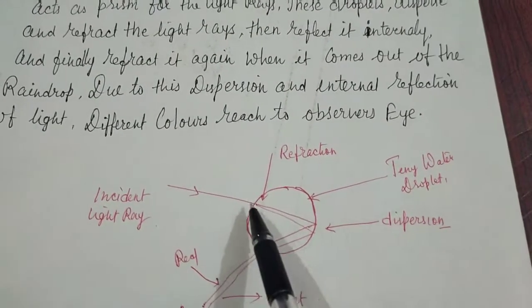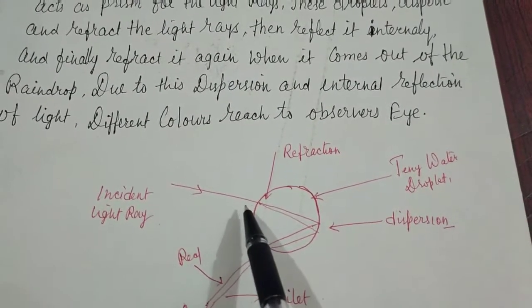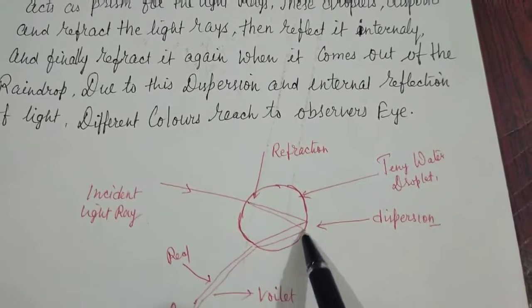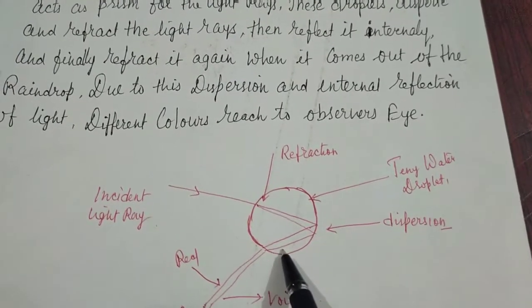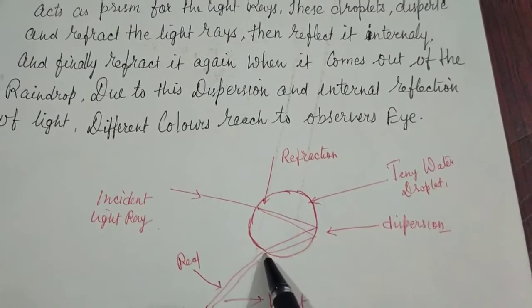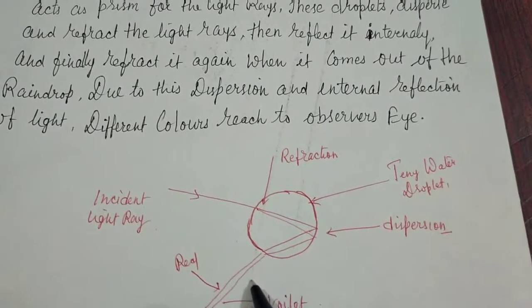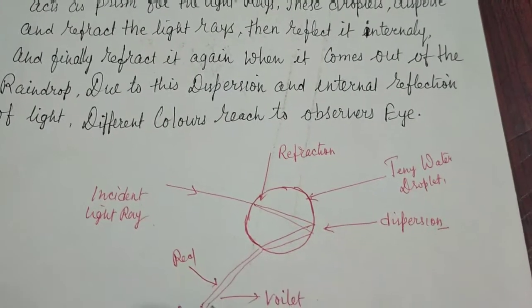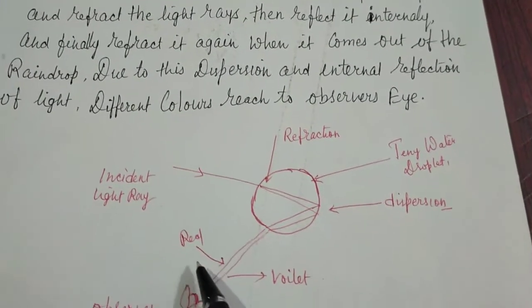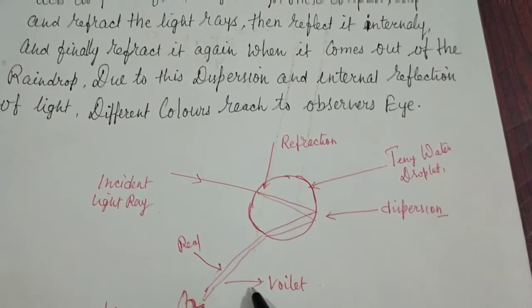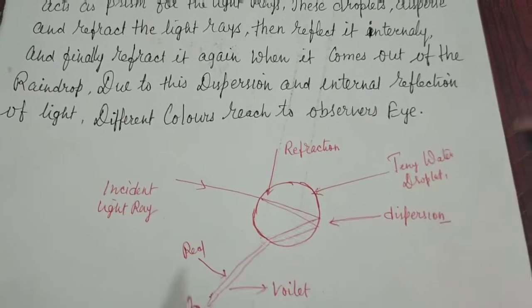First the light ray falls on the droplet of water, it refracts and is dispersed. Then total internal reflection takes place, and again light refracts when it comes out from the water droplet as the band of colors. This is the formation of rainbow.